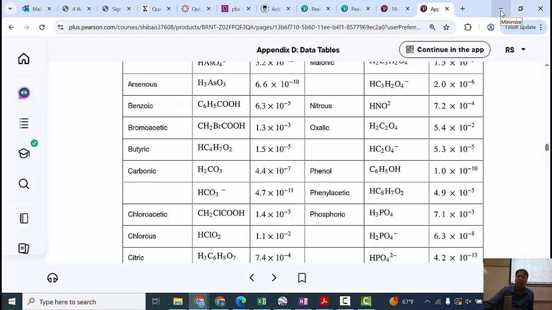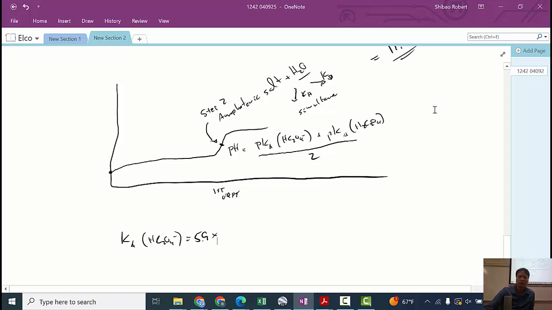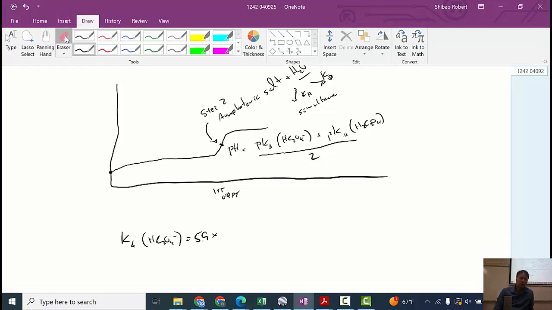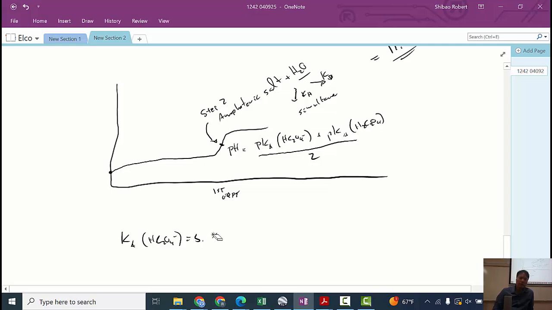But it's okay, 5.3 times 10 to the minus 5. Be aware of that. It's going to be different than what I had used before. But I'm not positive because my memory's bad, so we'll just go with this. 5.3 times 10 to the minus 5 from the text.